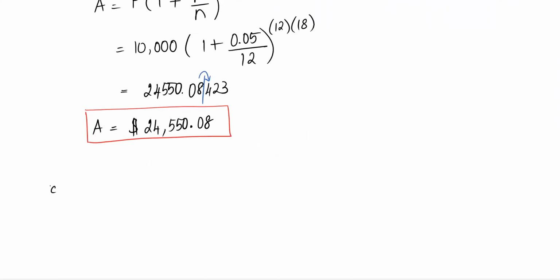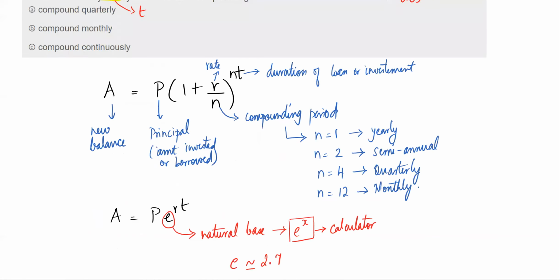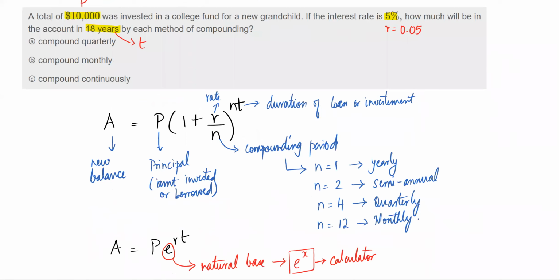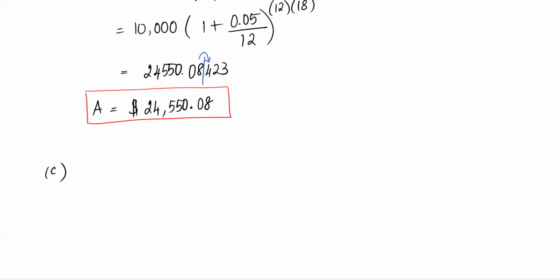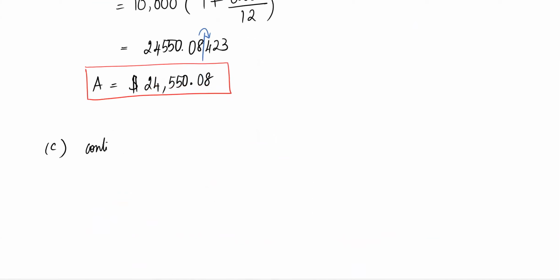And then lastly, C was to compound continuously. Compound continuously, that is your keyword. Continuous compounding means you will have E involved in the formula.